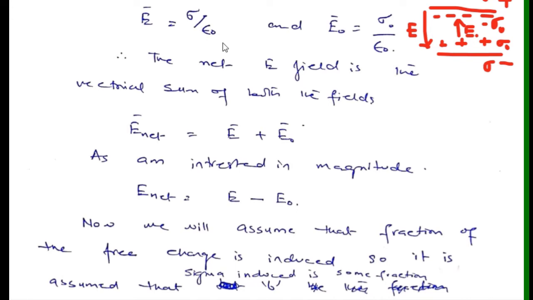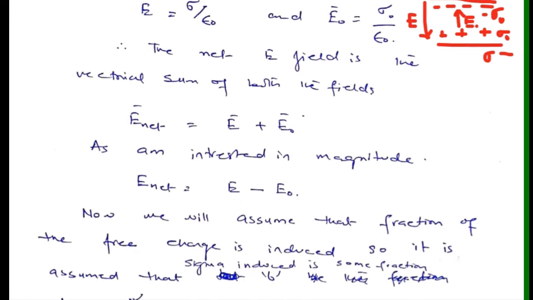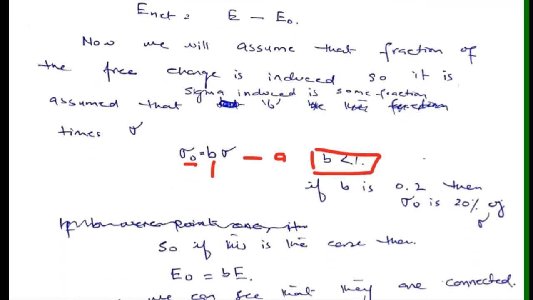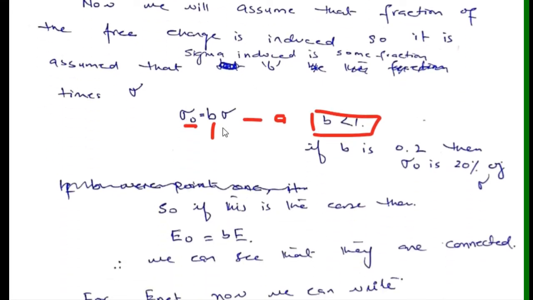And E naught is equal to sigma naught over epsilon naught. So I can easily write E naught in terms of E, only replacing sigma naught with b sigma.